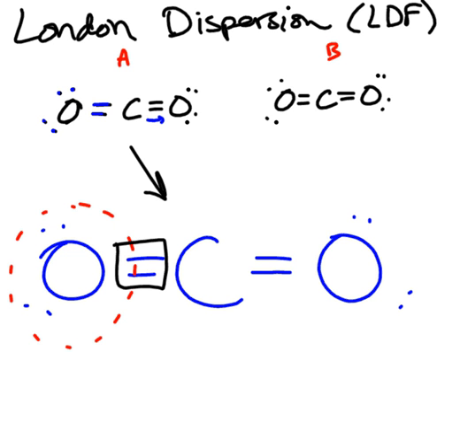Well, let's just say for a second, 2 of these 6 electrons happen to be over here, closer to the carbon. And if they're closer to the carbon, that means just for a second, like I said, this is very instantaneous, very light, there could be more electrons over here than over here.